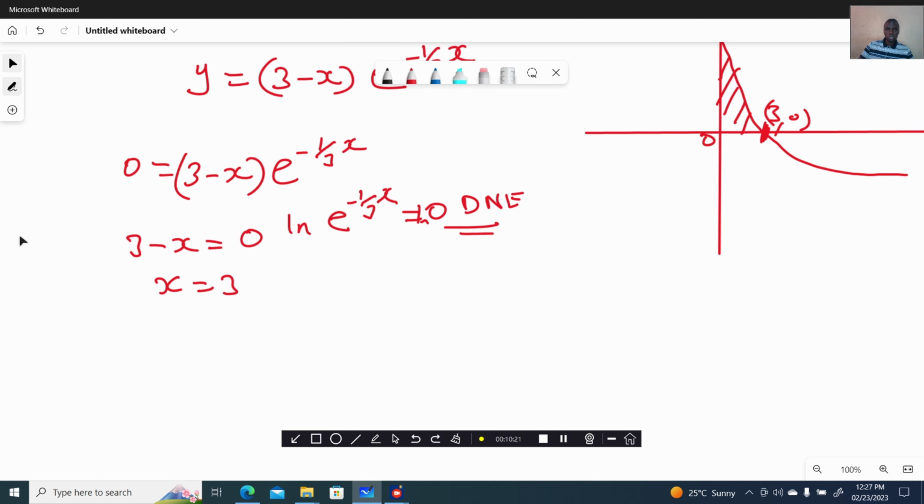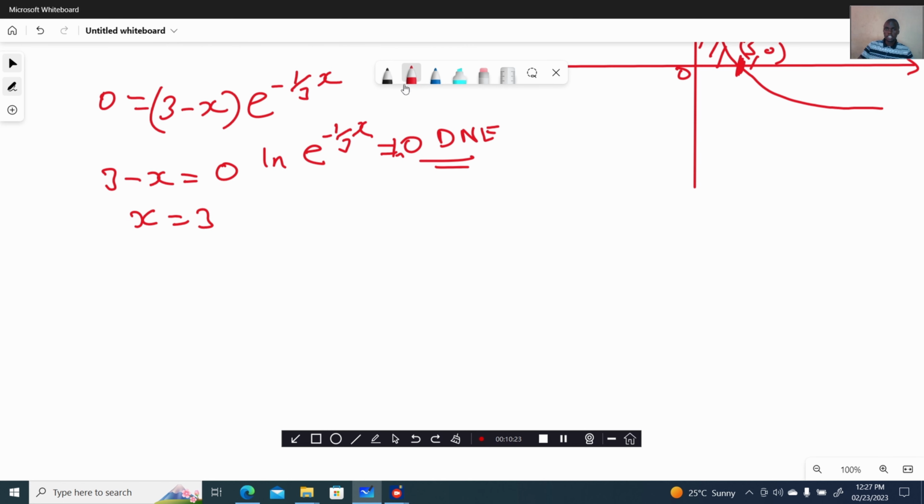So in other words, you need to get the integration from 0 to 3 of our function, which is 3 minus x, then e to the power of negative 1 over 3x dx.